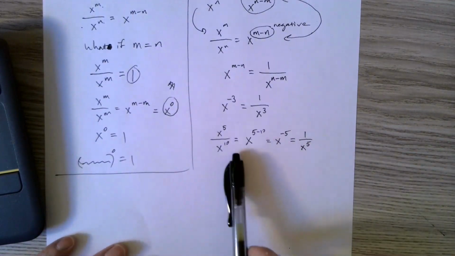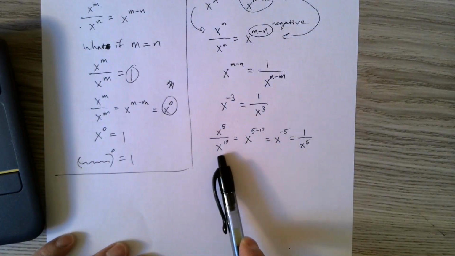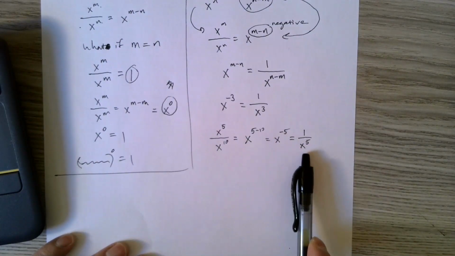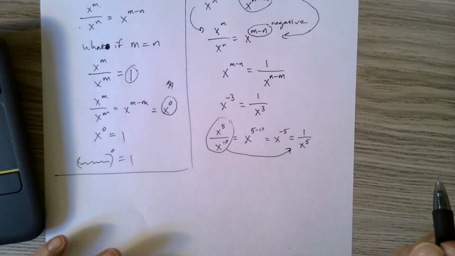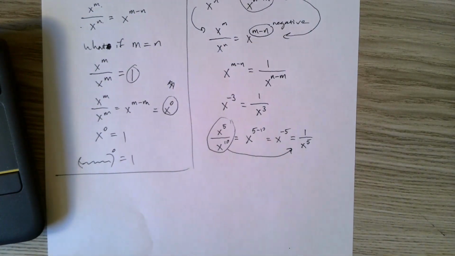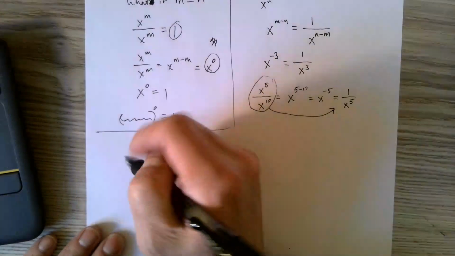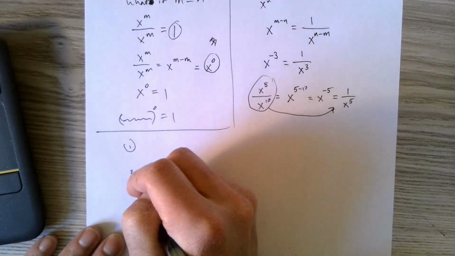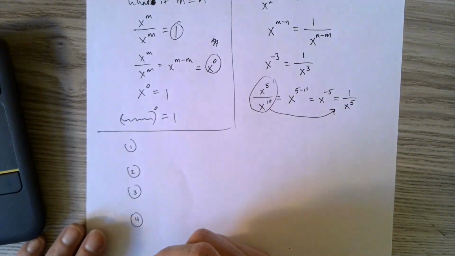So now we have a series of baby steps that we can take to get from here to there. Okay. You can use the old division rule and go straight from here to there too if you want. That's fine. Okay, so here's some examples.